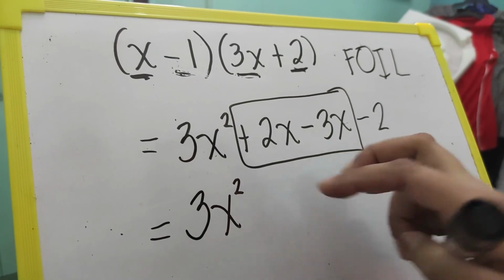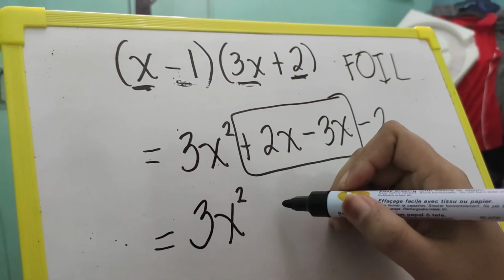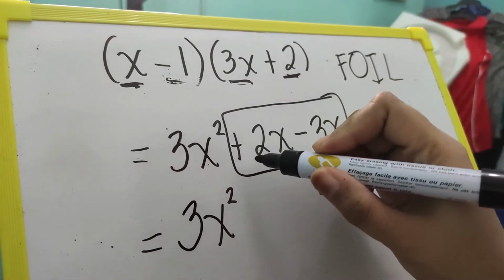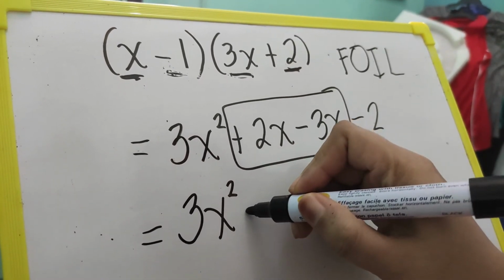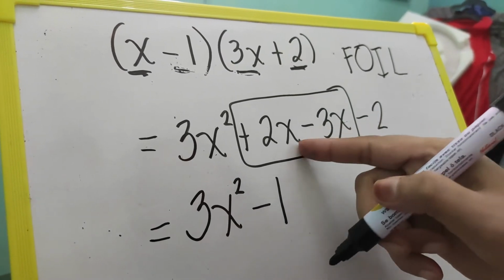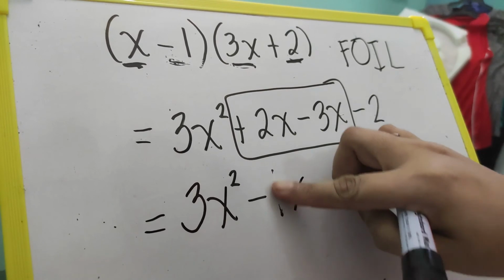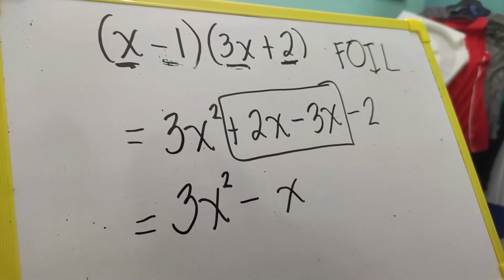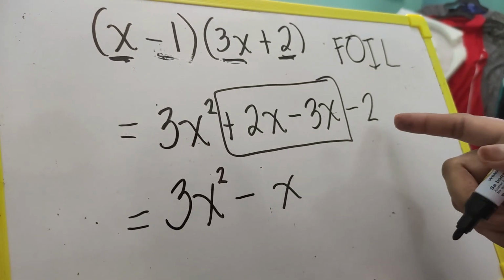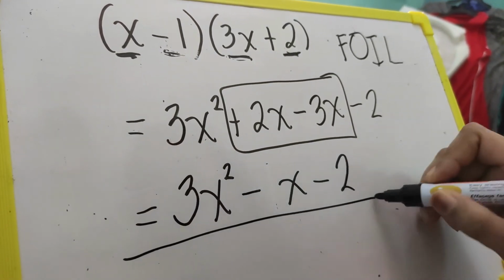They have different signs, so what we need to do is subtract. 3 minus 2 is 1. And 3 is higher than 2 and the sign of 3 is negative, so just follow its sign. So we have here 1 and then copy their common variable, which is x. Or simply, you just write x and remove the numerical coefficient 1. It's just the same. And then copy the last term, which is negative 2. So this is now the final answer.